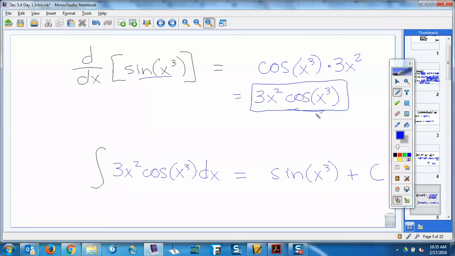Messy. So, the original function simple, and then the derivative was messy. So what do you suppose would happen? What would be the case when you go backwards? Might start out messy, but the answer would be fairly simple, right?